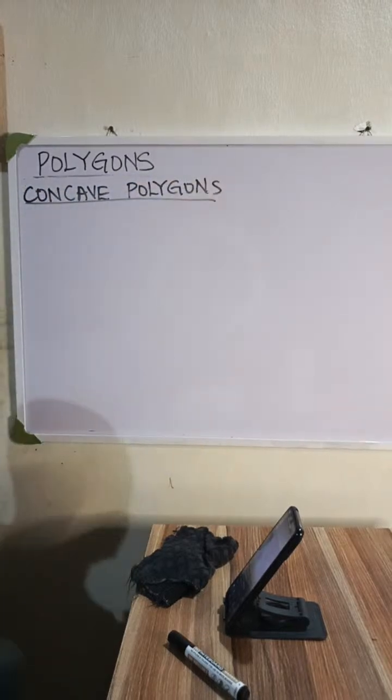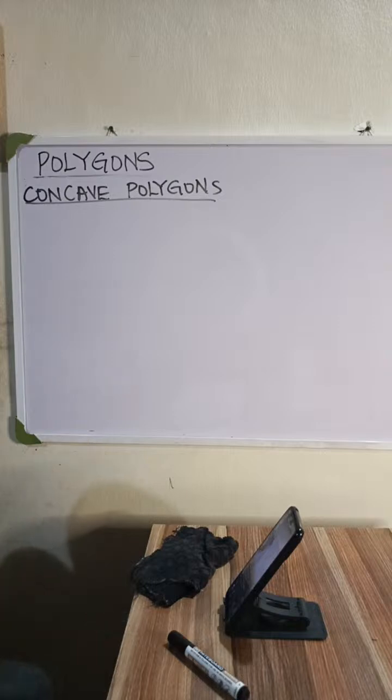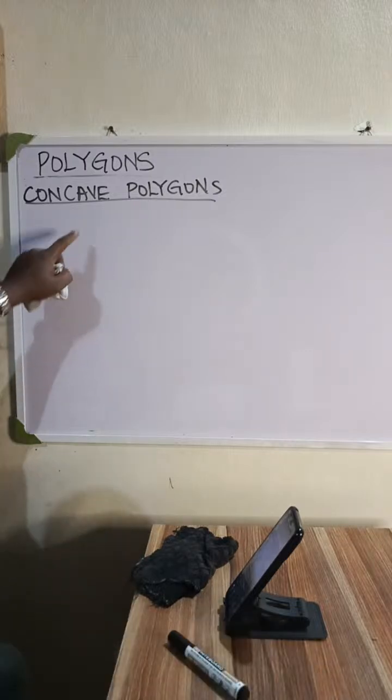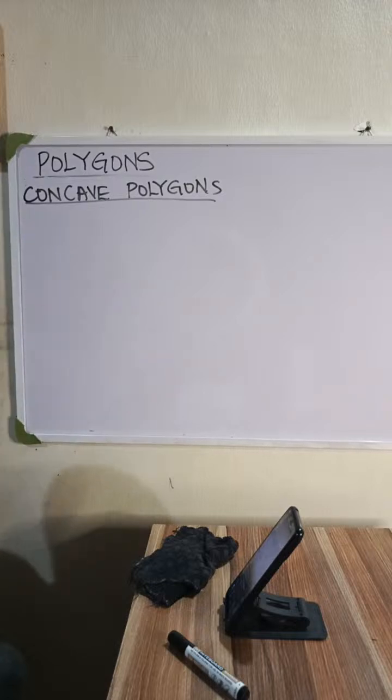So a concave polygon is a polygon that has one or more of its interior angles as an angle that is greater than 180 degrees.